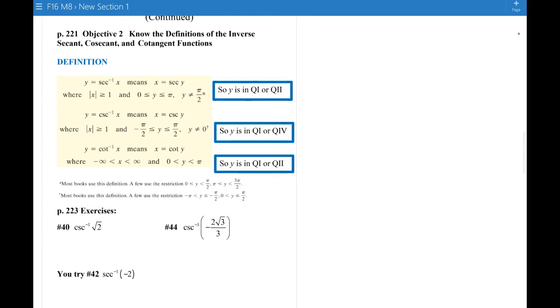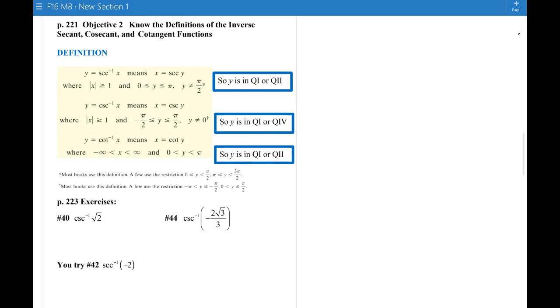Okay, so let's look at the definitions of the inverses of the other 3 trig functions we haven't talked about yet. Inverse secant, inverse cosecant, and inverse cotangent. So we've already talked a little bit about what are going to be the domains and ranges for these. So inverse secant goes with secant, so we have to have the x value be bigger than 1 in absolute value because the secant graph, it's the reciprocal of cosine, so the secant graph goes like this.